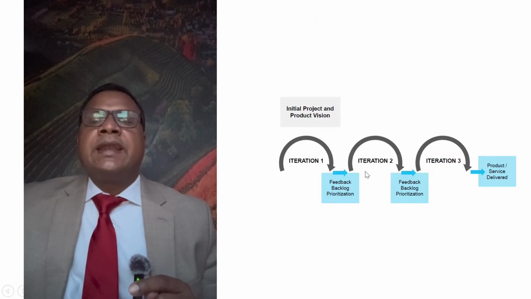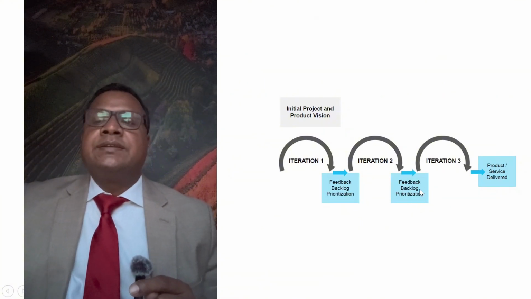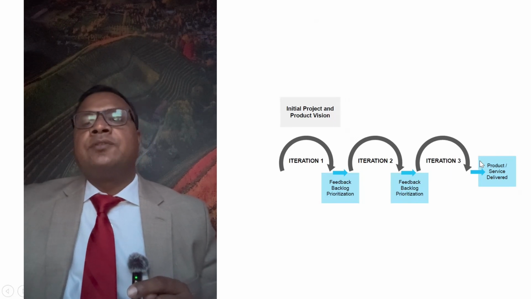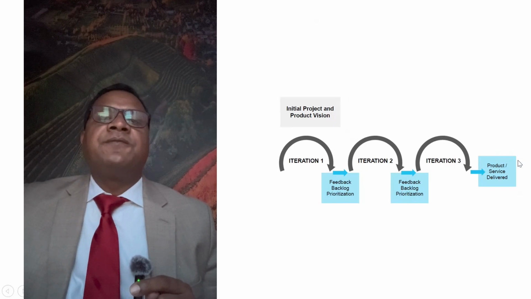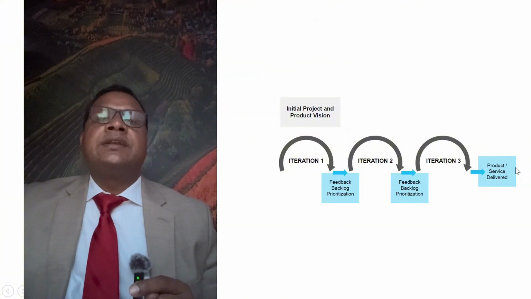Iteration two, and again we get the feedback, backlog prioritization, and after the feedback you have to implement it, and you get iteration three, and again. So it can happen again and again until you get the final finished product that satisfies the customers. It can happen many times.